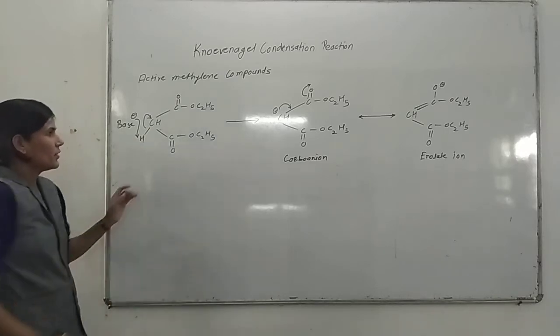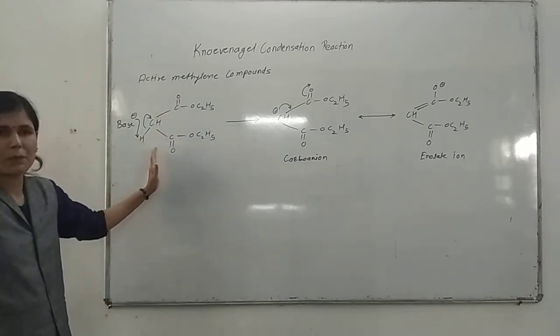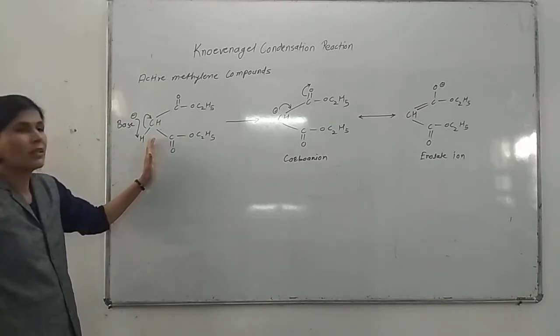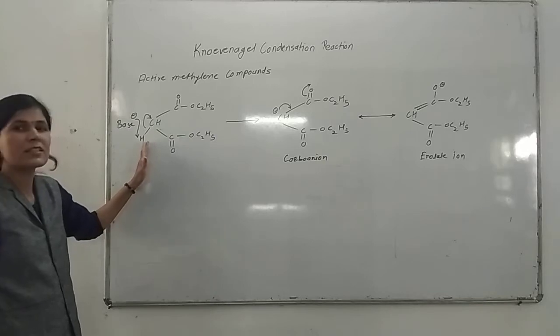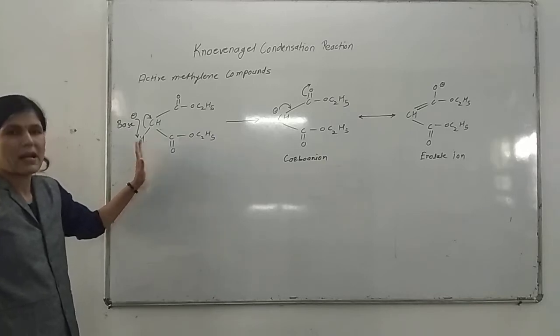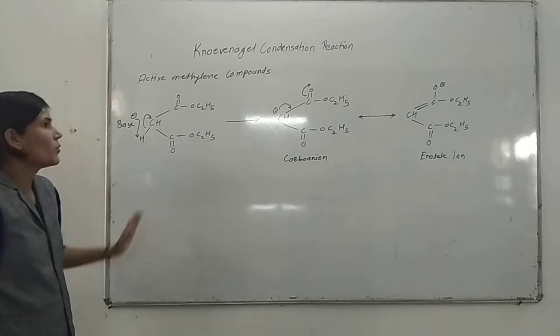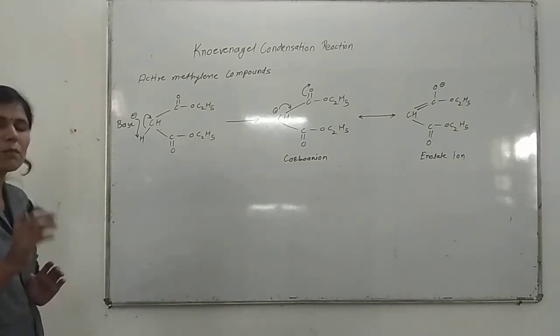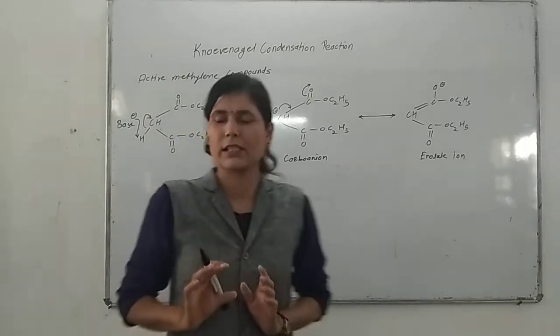Since there are two carbonyl groups present in the malonate ester, the proton release takes place faster. So I will give you some more examples of active methylene groups.